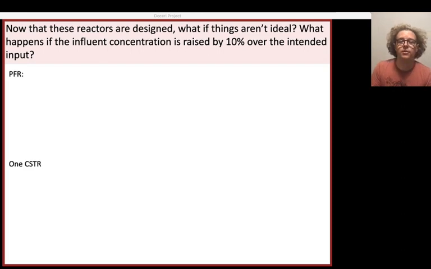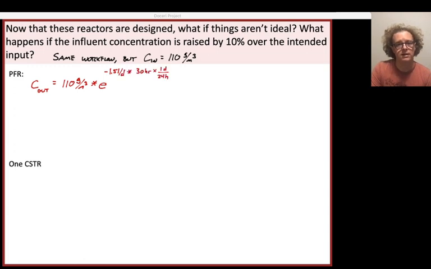The last thing I want to do is look at what happens if these conditions are not ideal. So what happens if you accidentally have a concentration 10% more as your input? In other words, the exact same workflow, but let's start with an inflowing concentration of 110 instead of 100. So this is the case where someone makes a mistake in the plant and the effluent contains more of this compound than you expected.